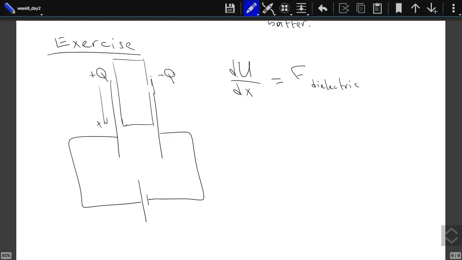Now let's see. Do we have exactly the same force? Do you remember what the force was? We didn't calculate the force, right? Let's calculate the force in the absence of the battery.